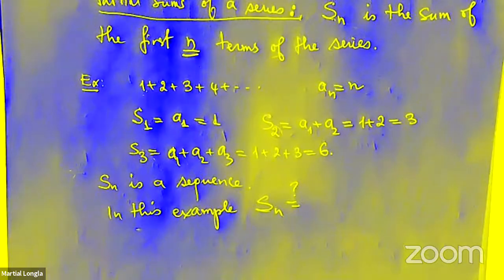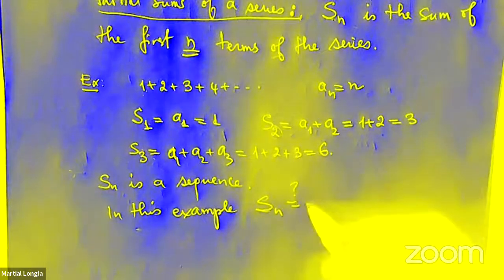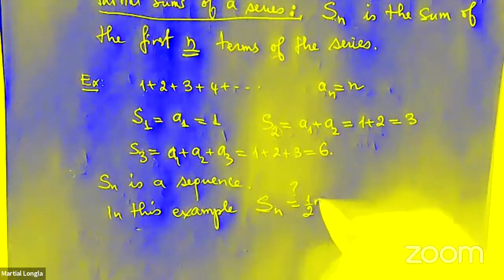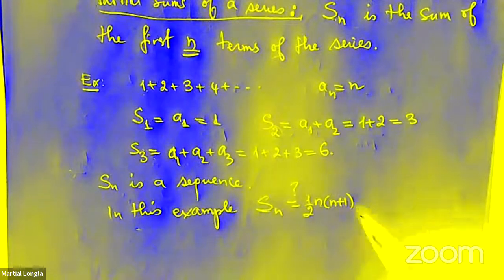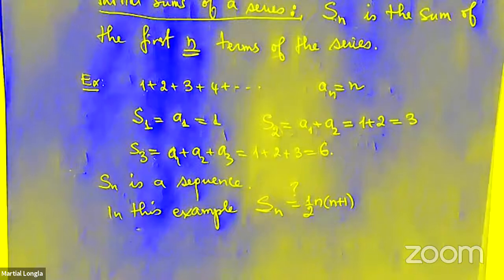So I'm pretty sure that some of you already know the formula for this. What is the formula for the sum of the first n integers? Anybody knows? It's a very famous formula, right? Half of something. All right, if you don't remember, it's not a big deal. So it's 1/2 times n times n plus 1. Very famous formula.